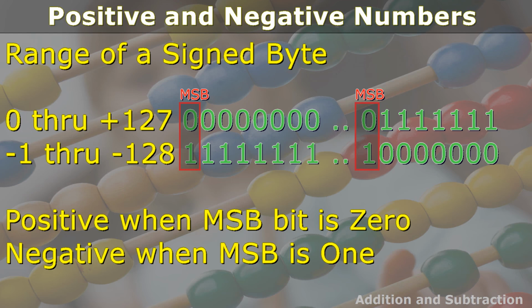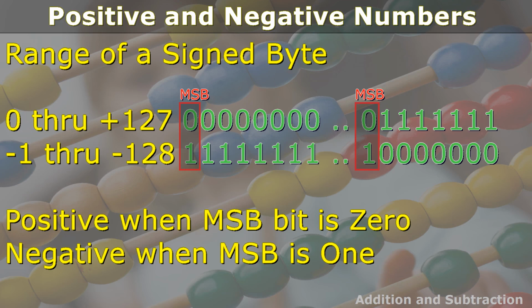So the signed byte has a value of -1, as we just saw from the other slides, of 11111111, which is 8 ones. It would be 255 if it was unsigned, but we're treating the byte as signed. So in that case, it's not 255, but it's -1 because it underflowed below 0.